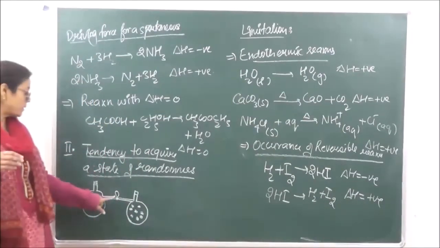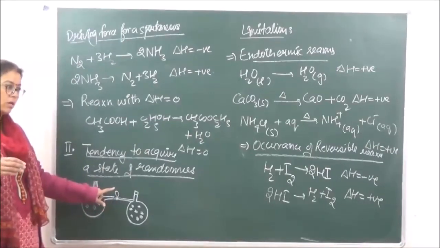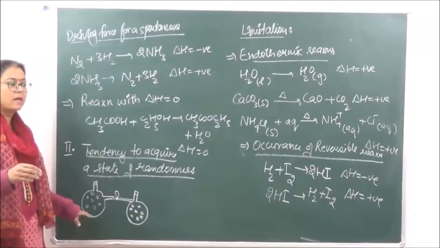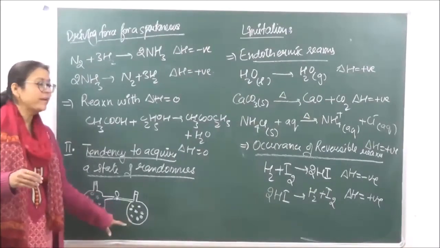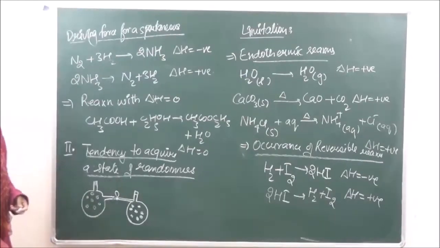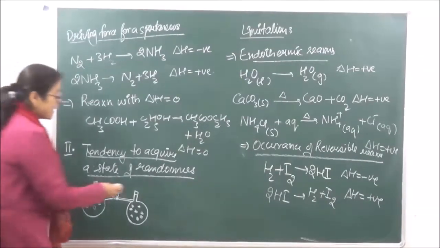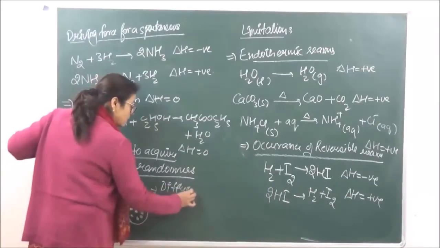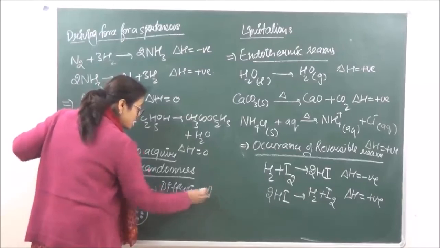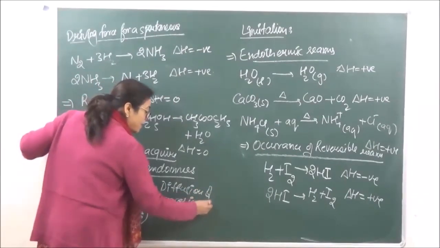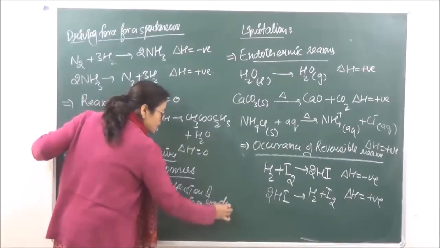Now as soon as we are going to open this cork, what is going to happen? Intermixing of gases is going to take place. So they are going from an orderly arrangement to a disorderly arrangement. This is going to be a spontaneous process. So we say that diffusion of gases is a random process.